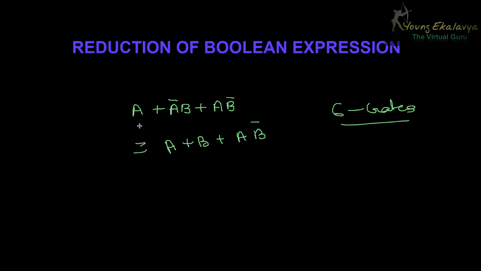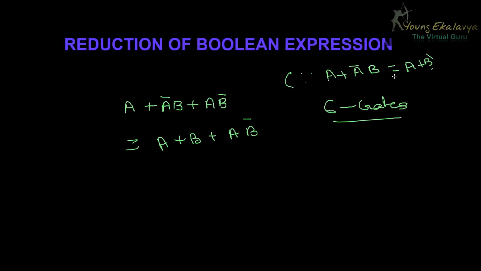So here we have simplified this one to A plus B, since we have this property: A plus A bar B always results in A plus B. So we can write this one like that.